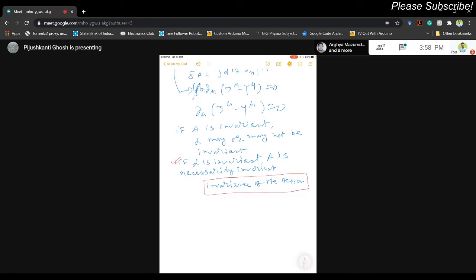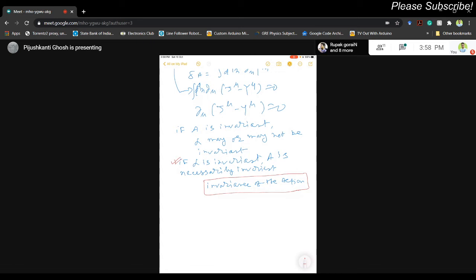Okay. So whenever you are asked to check whether a system is invariant under a symmetry transformation or not, you first check the transformation behavior of the Lagrangian density. If it is not invariant, and not invariant up to a total derivative term, then nothing can be done. The system has no invariance.